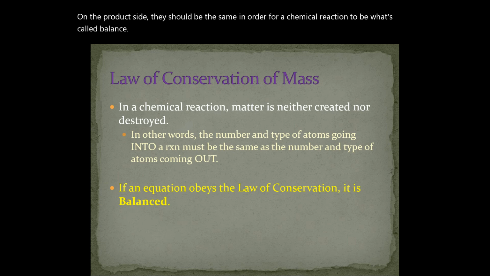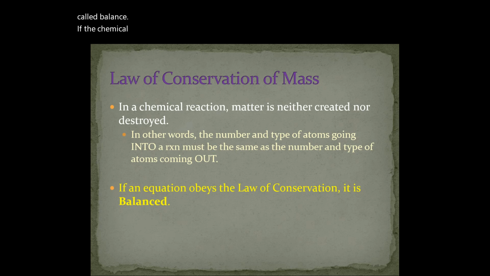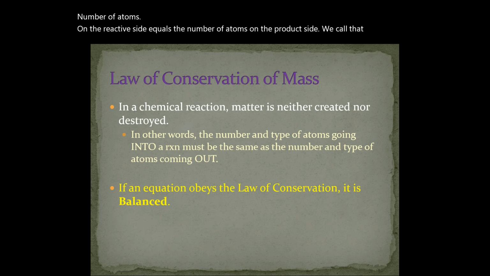If the chemical equation is written in such a way that the number of atoms on the reactant side equals the number of atoms on the product side, we call that a balanced chemical reaction.